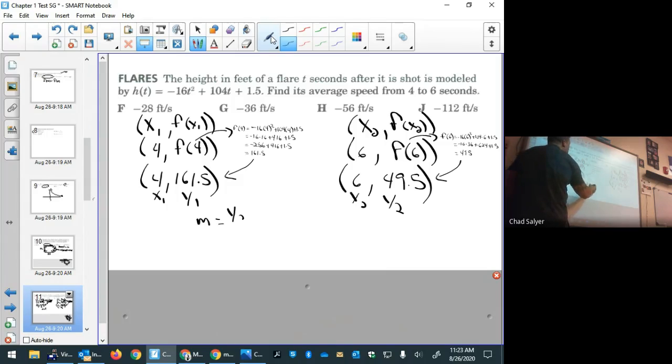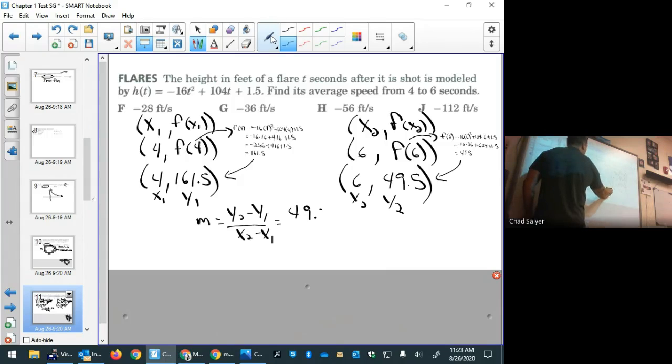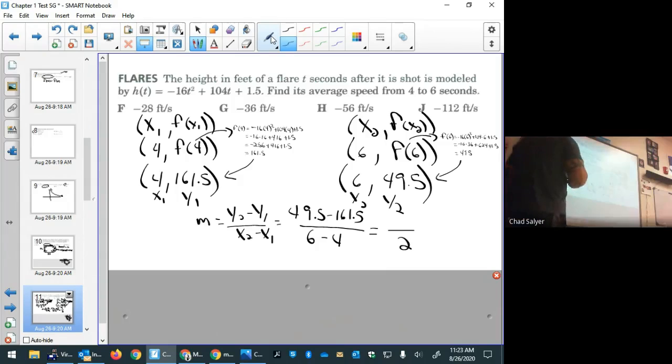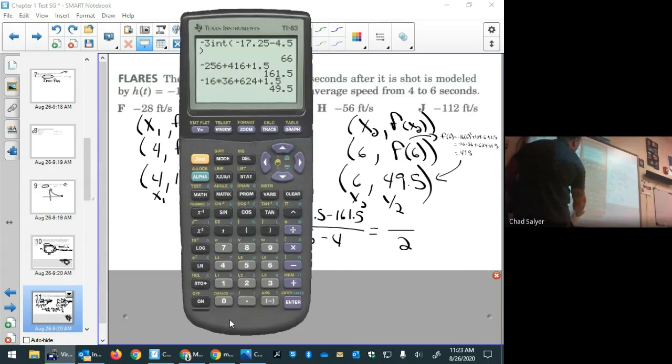So m equals y2 minus y1 over x2 minus x1, which in this case is 49.5 minus 161.5 over 6 minus 4. So the denominator is going to be 2, but the numerator, we'll need to calculate here.